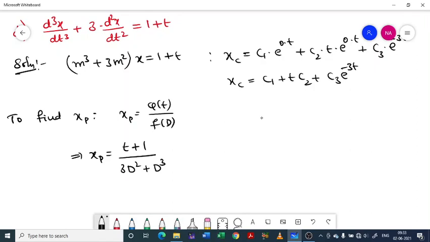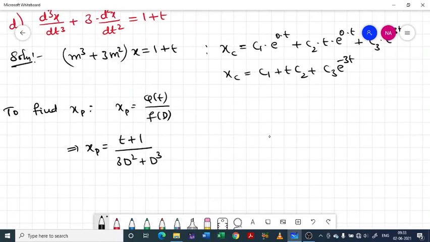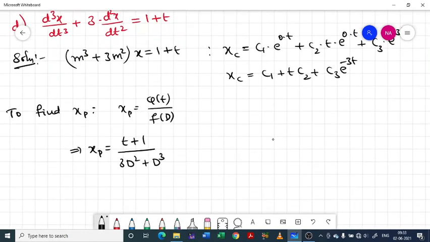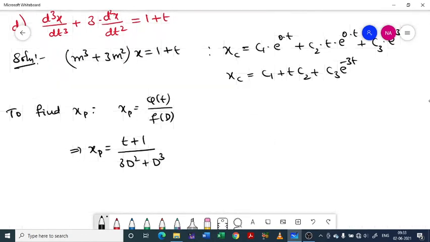Now come to this. So this actually requires some additional work. Anyway, I will write here 3d square plus d cube, t plus 1. So here what should I write? T divided by 3d square.